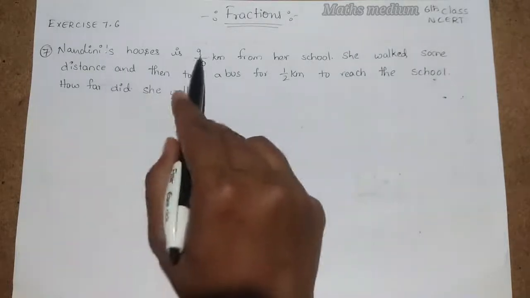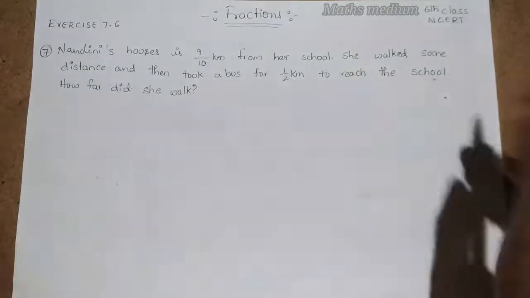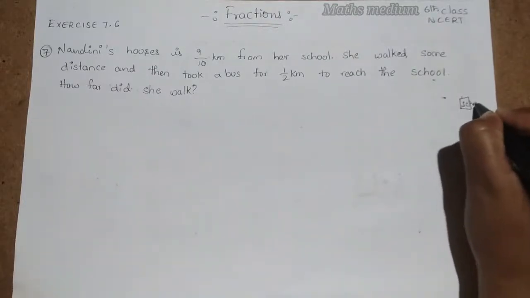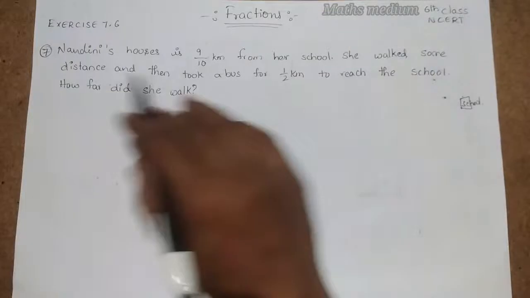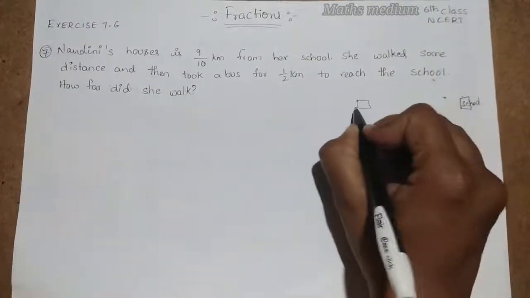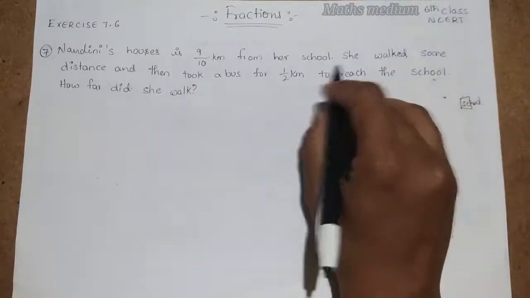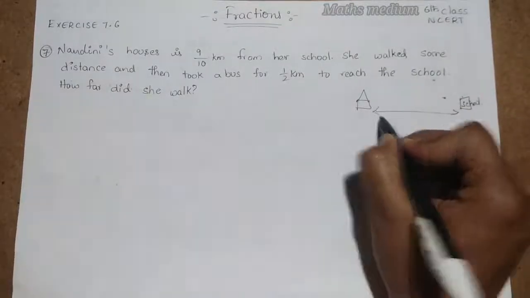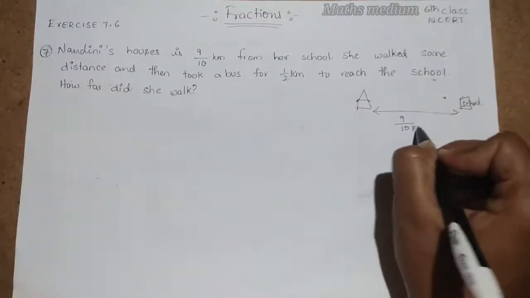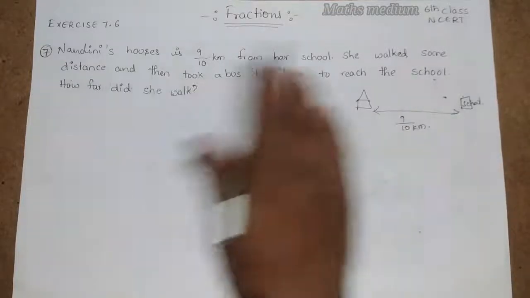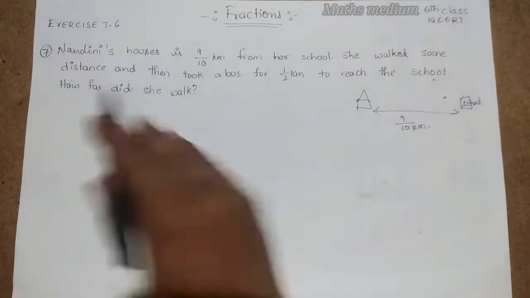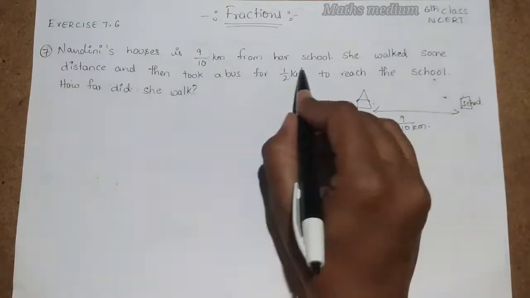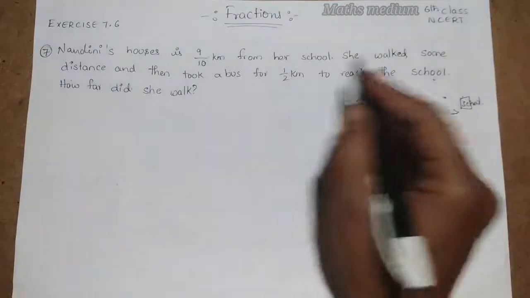Nandini's house is 9 by 10 kilometers from her school. So see here, this is the house and this is the school. She walked some distance, and the total distance is 9 by 10 kilometers. Then she took a bus for half a kilometer to reach the school.